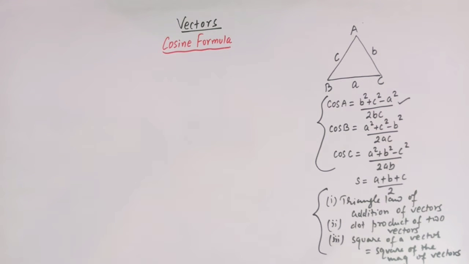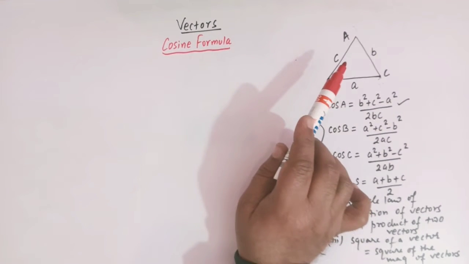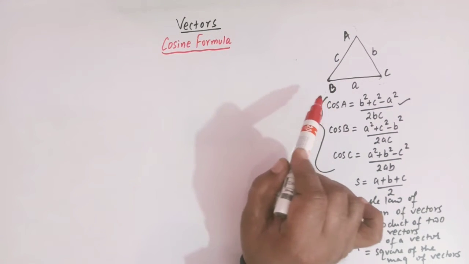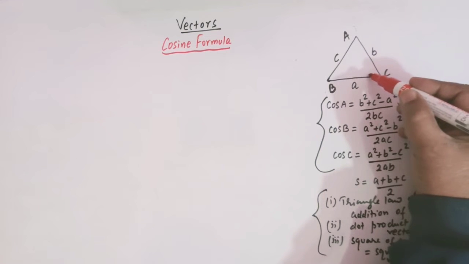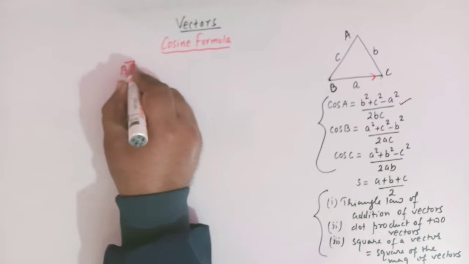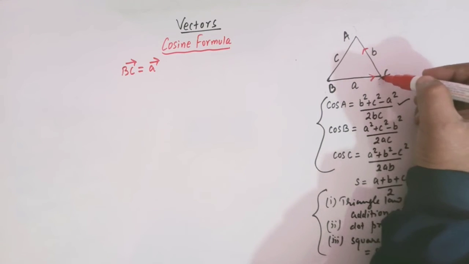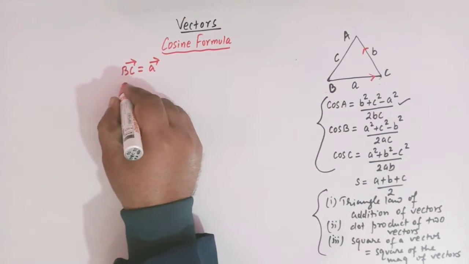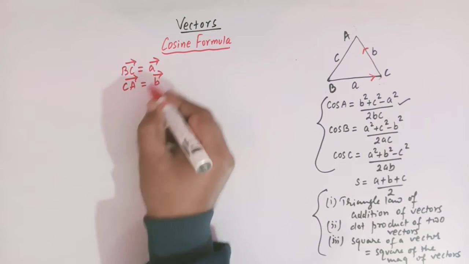So let us start. Let us represent the sides of the triangle ABC with the help of vectors. Let us take the side BC as vector BC, which is equal to vector a, and the side CA as vector CA, which is equal to vector b.